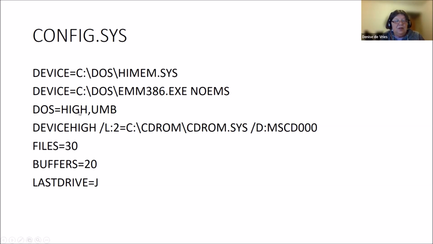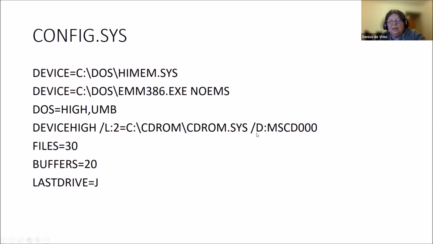And then we load DOS into high memory using the upper memory blocks. And then here we're loading a CD-ROM driver into high memory in the region 2 within high memory.